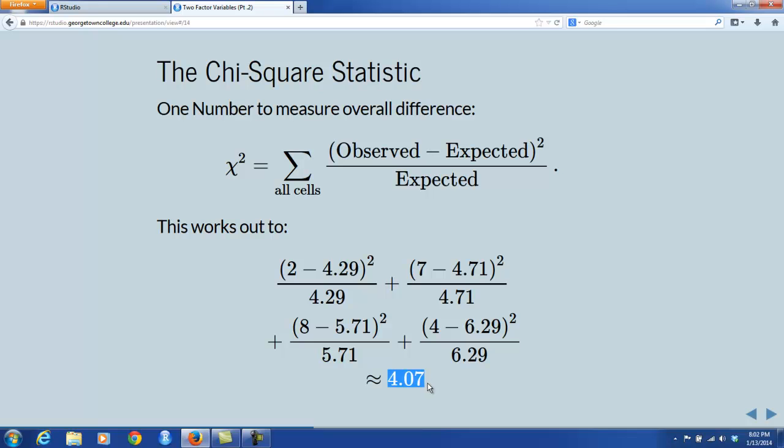That's the chi-square statistic. That number measures how different the observed two-way table is from the expected two-way table. The bigger that number is, the more the observed table differed from what the null expected. The bigger that number is, the more surprising the results are to a believer in the null hypothesis.